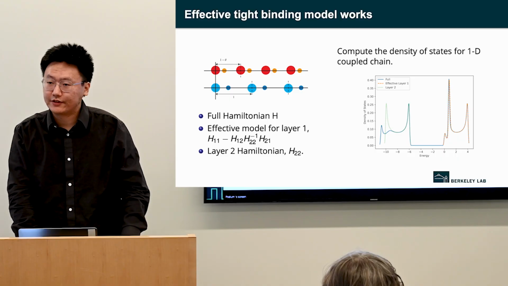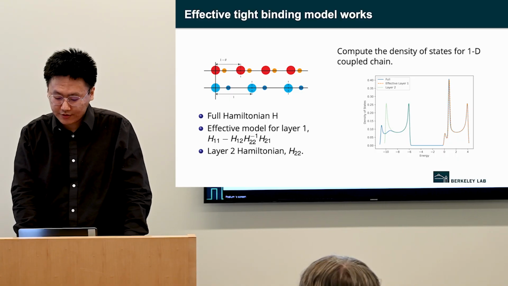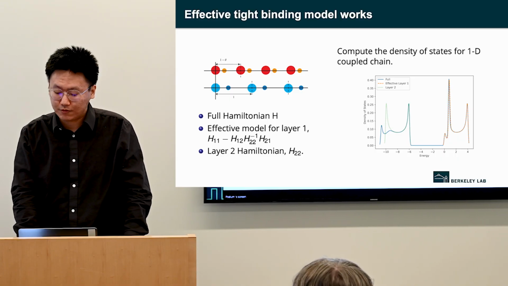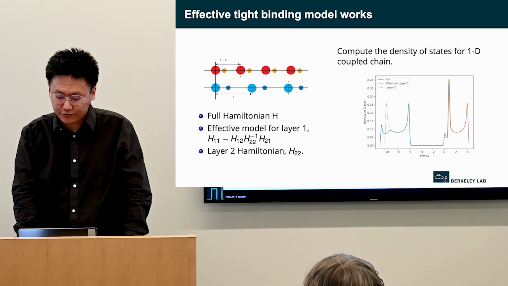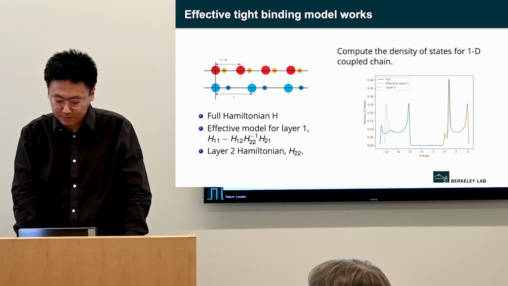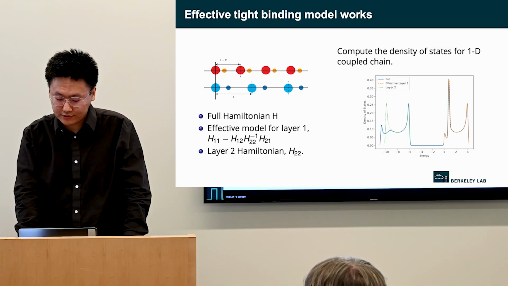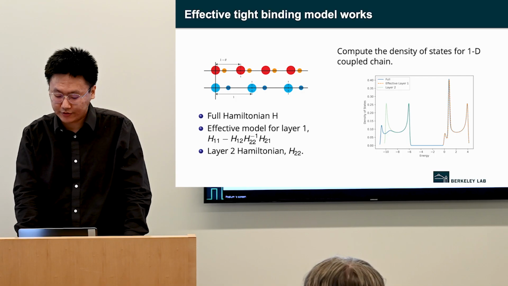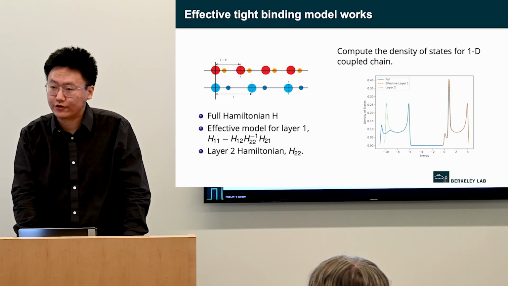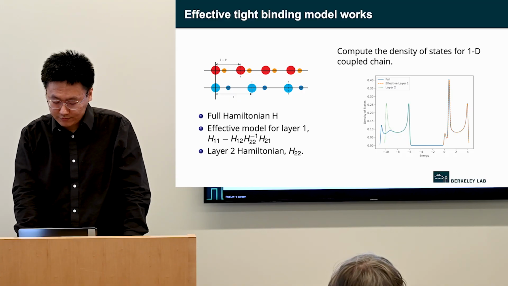To validate this model, we compute the spectrum for the 1D coupled chain, for the reduced model and from the full model. The blue curve shows you the spectrum for the 1D coupled chain from the full Hamiltonian, and the orange one shows you the spectrum from the reduced model.